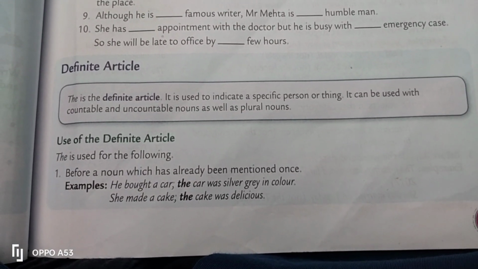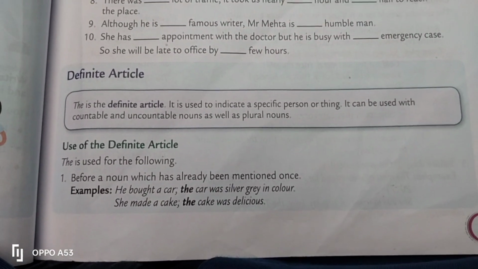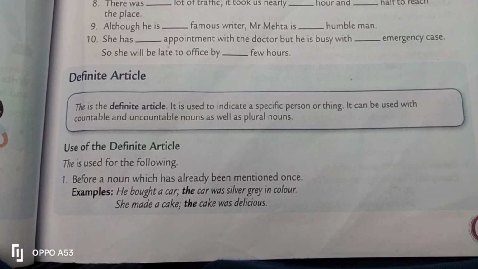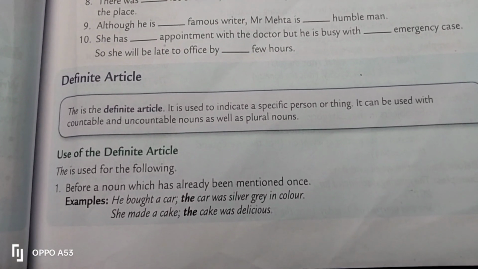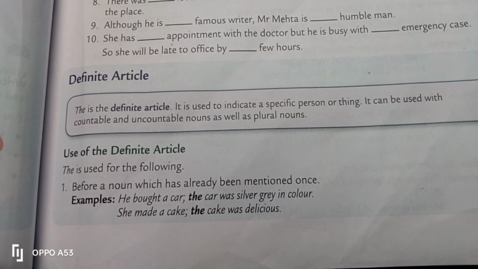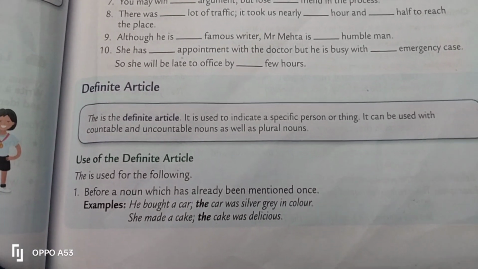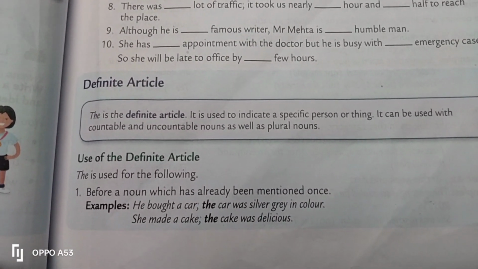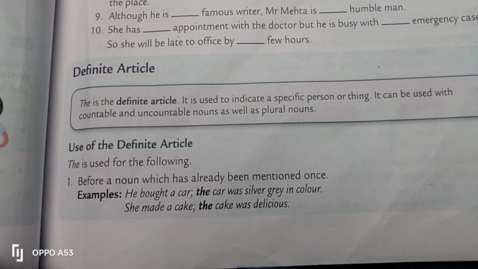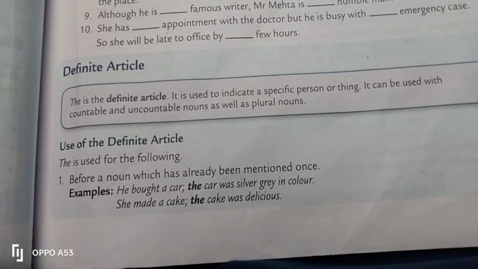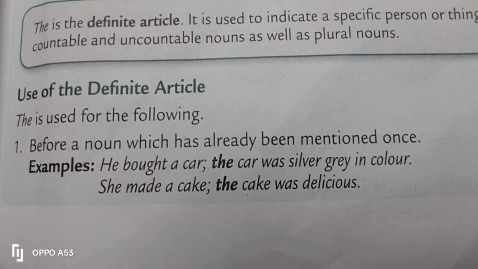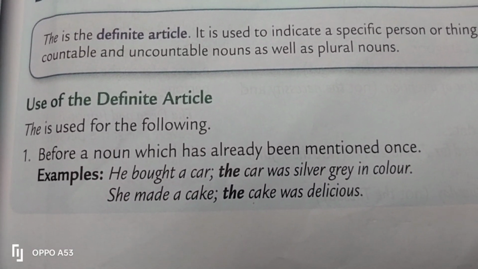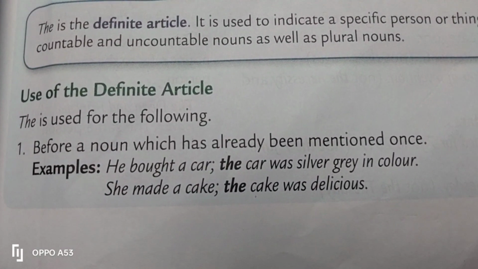So it is there to give a reference to a specific person or thing. Now we need to understand what this specific person or thing is. Let us look at the use of the definite article, where it has to be used. From these examples and rules, you will come to know what a specific person or thing is.